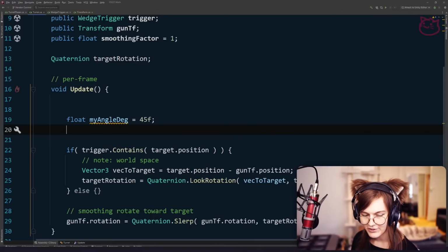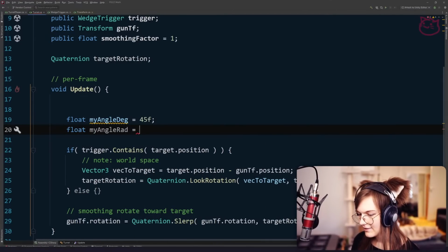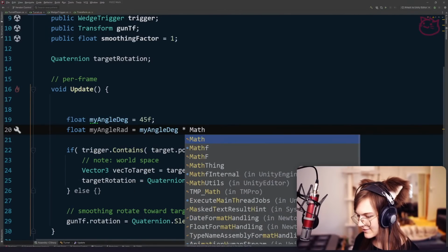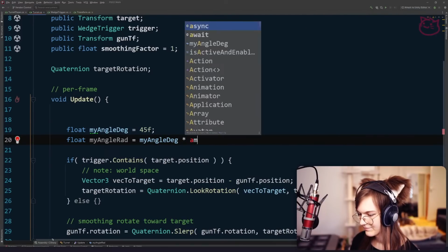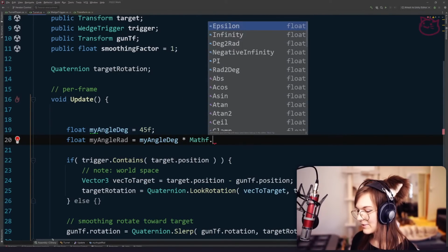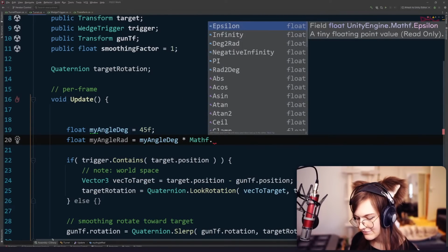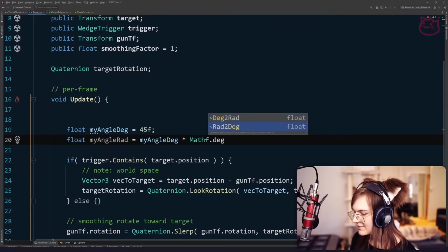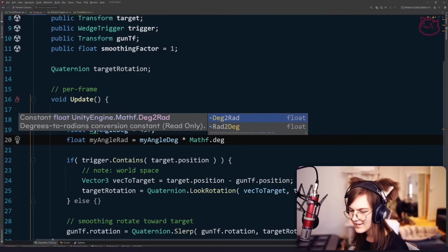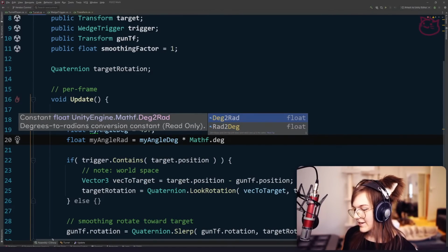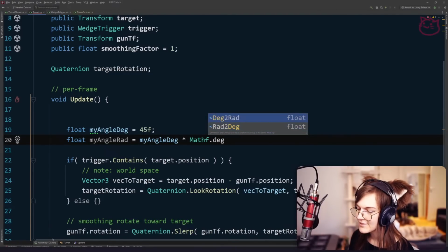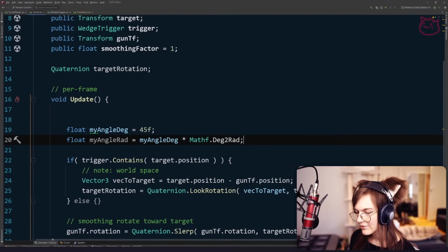So if you want to convert this from degrees to radians, you take your angle in degrees and multiply it by a constant that's in Unity's math library. There is a constant called Deg2Rad, degrees to radians. Then there's also a radians to degrees. So these two constants, you just multiply by those, and you've now converted it to radians.